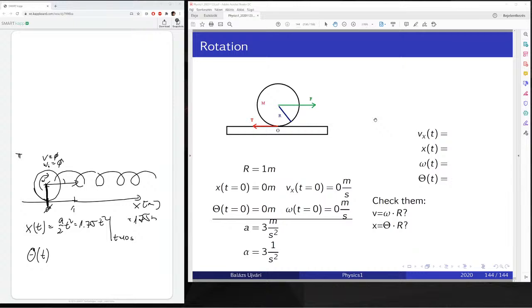How will it change? If theta at t equals 0 is 0, like here, and omega at t equals 0 is 0, this is alpha over 2 t squared, that will be t squared. So for example, t equals 10 seconds, it will be 100. This is in radians.